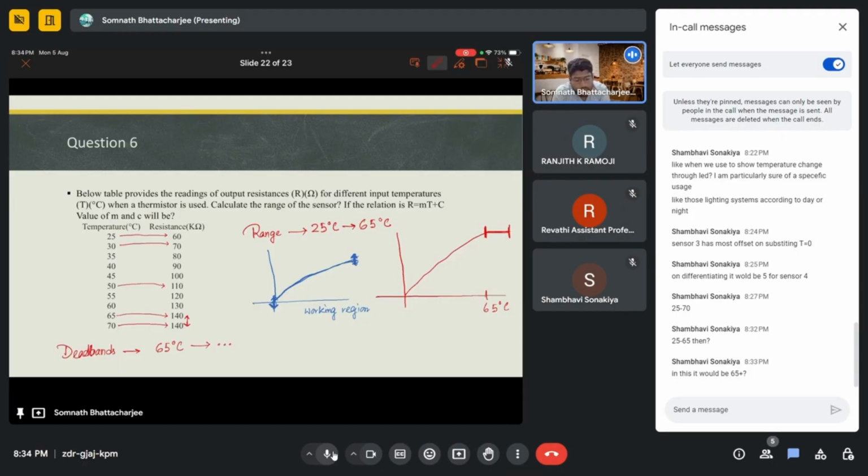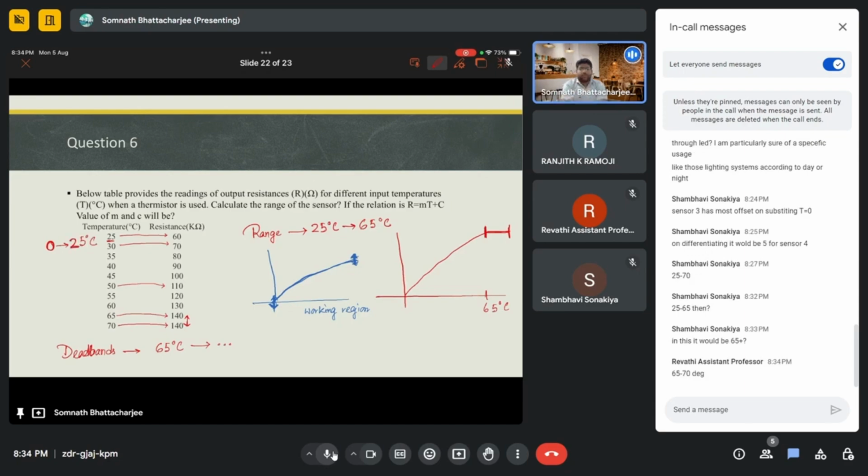We know this is the threshold value, right? 25 degrees centigrade. So what will happen within the range of, let's say, from 0 to 25 degrees centigrade?